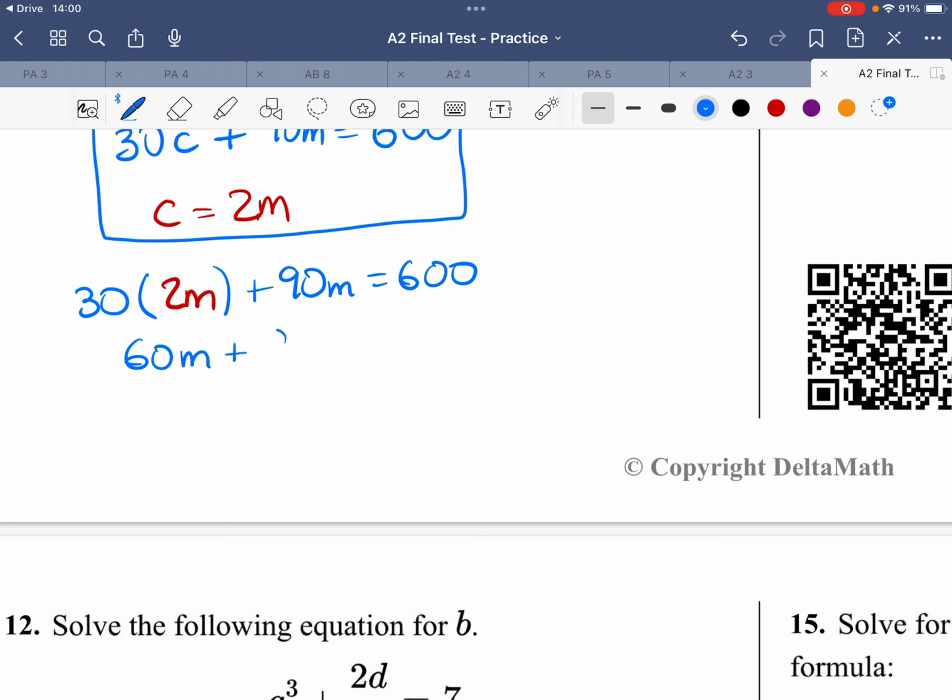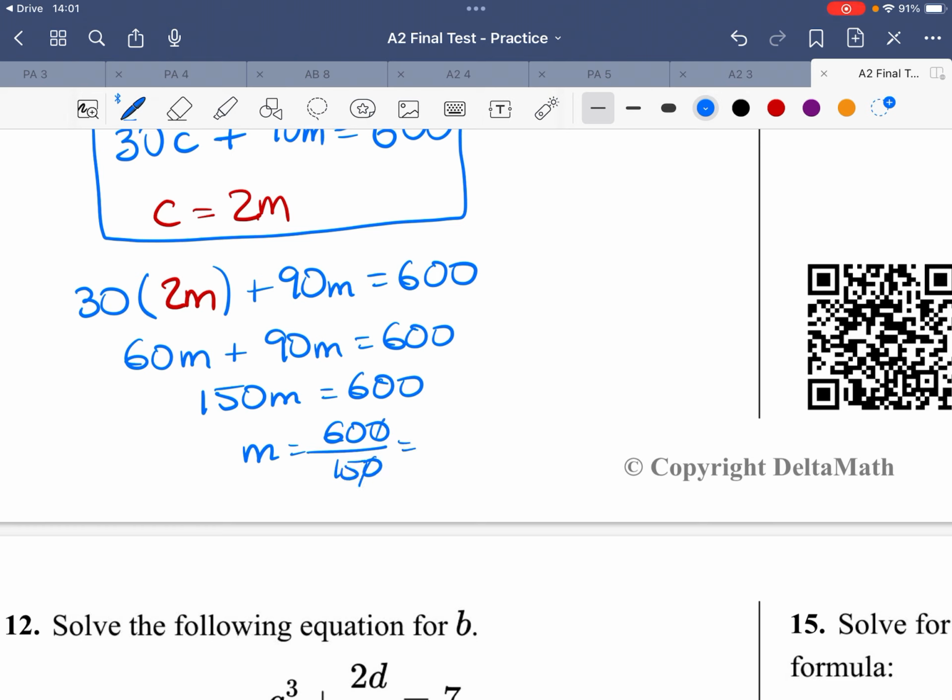In this case, this is 60m plus 90m equals 600, or 150m equals 600, or m equals 600 over 150, which is 60 over 15, which is 4. So that would be 4 movies, and then since we said that C equals 2m, that's going to be 2 times 4, so 8. The answer: 4 movies and 8 commercials.